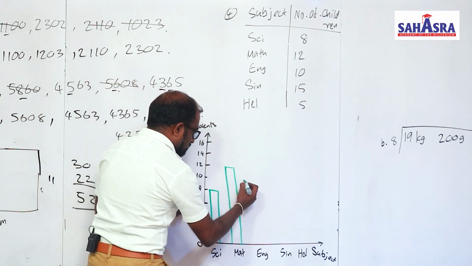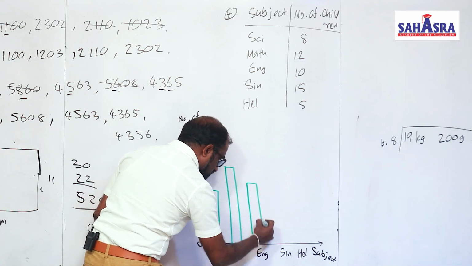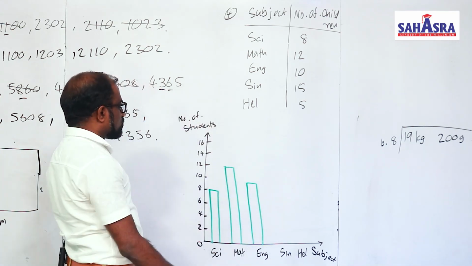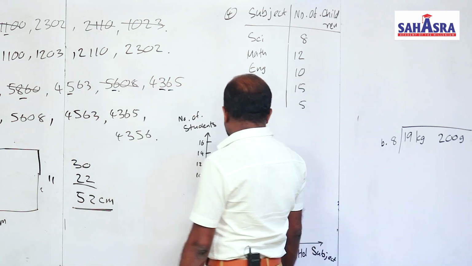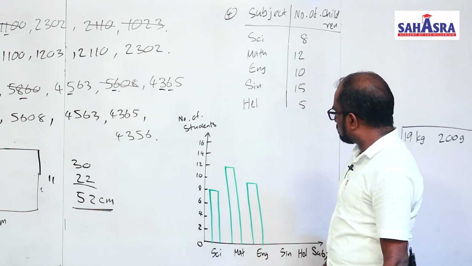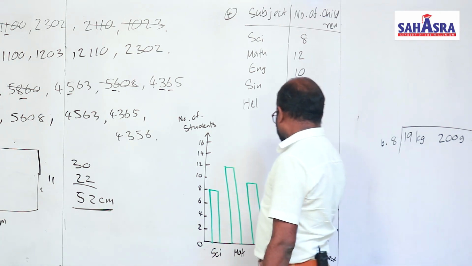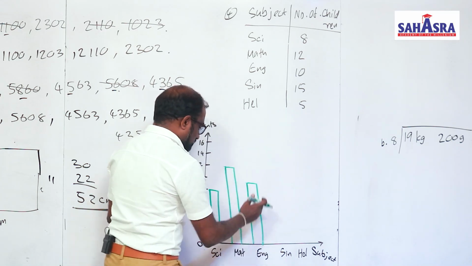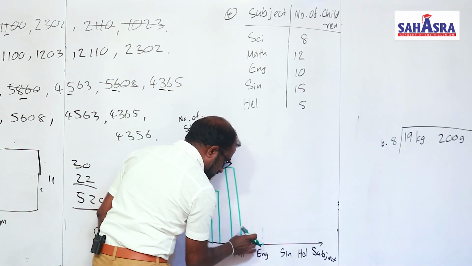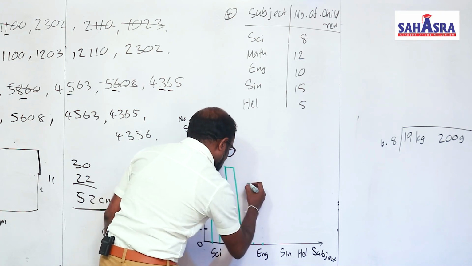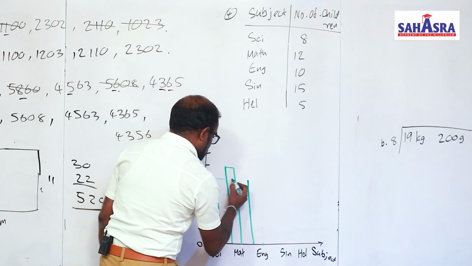So, 10. You use rulers and everything. 12, 10.